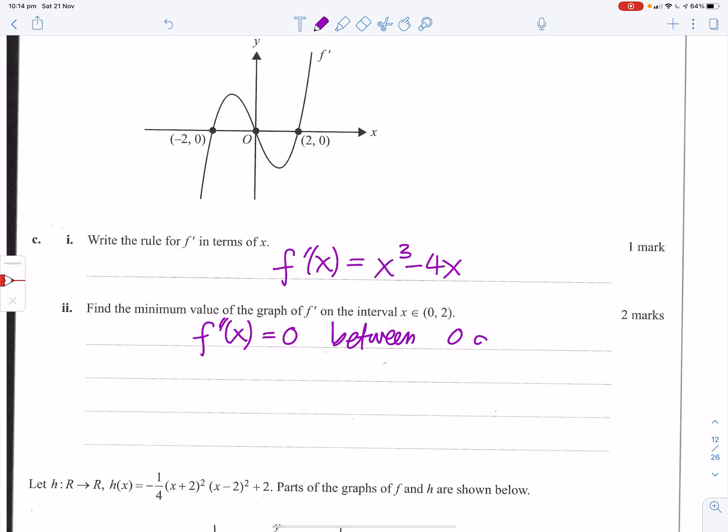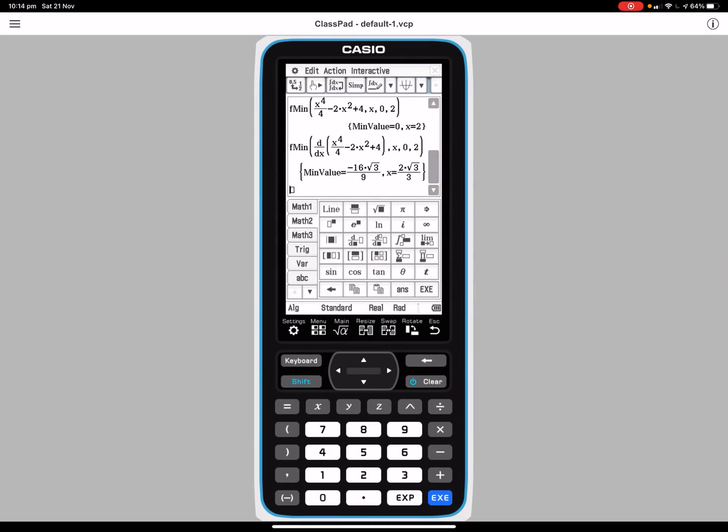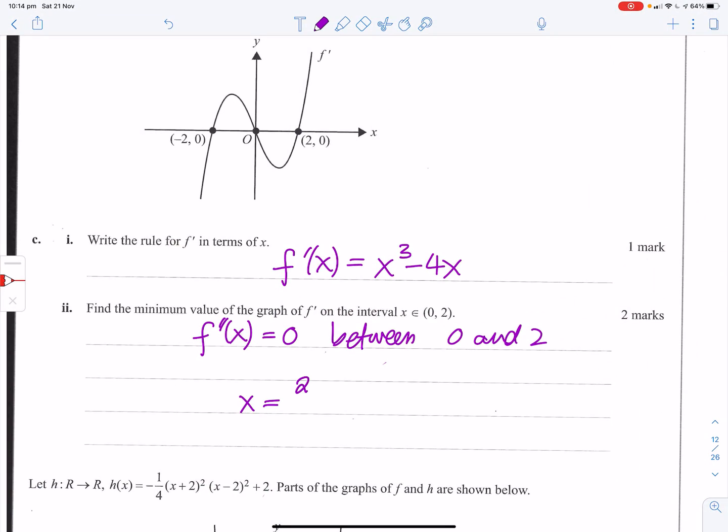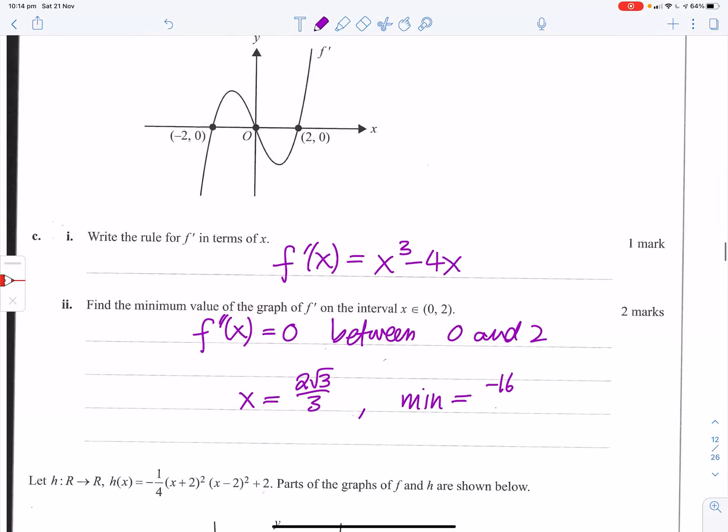Doesn't ask for the x value, but we'll do it anyway. x equals 2 root 3 on 3. The min, I think it was negative 16 root 3 on 3. Oh, was it on 9? That's on 9. So that's that value there, and that's when the minimum value of the derivative graph occurs.